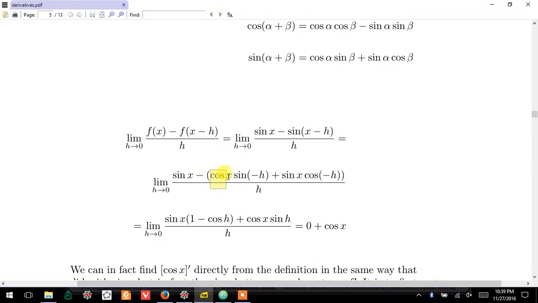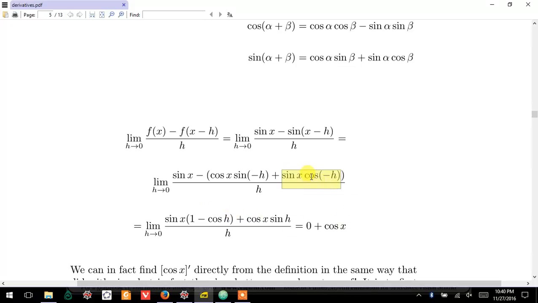So regard the negative as having been moved to the front of the cosine. And here, recall that cosine is an even function, which means that you can just drop the negative altogether. After having done that, moving the negative here outside, here dropping the negative, let's group together the two terms that have sine x in them.